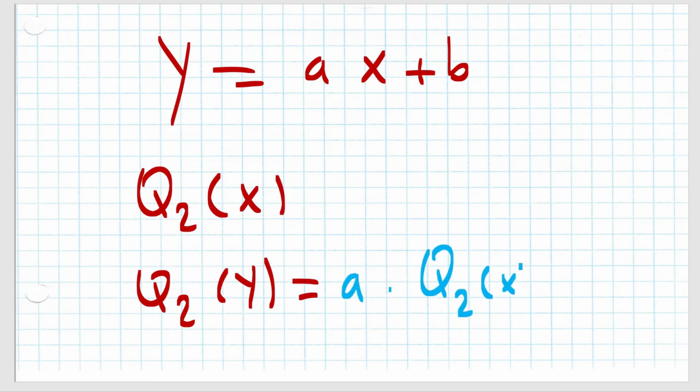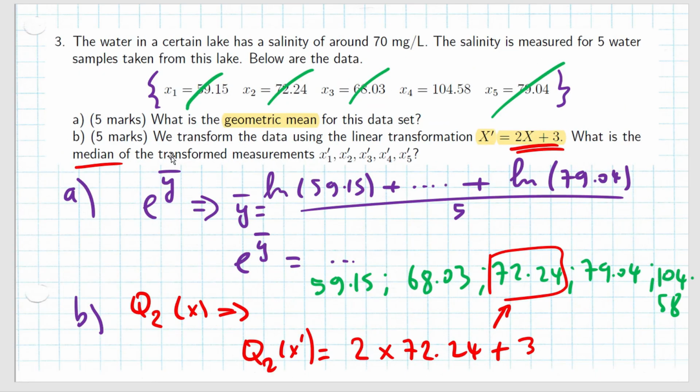But what's the question? What is the median of the X prime data? So the median of the X prime data is 2 times the median of the X data plus 3.